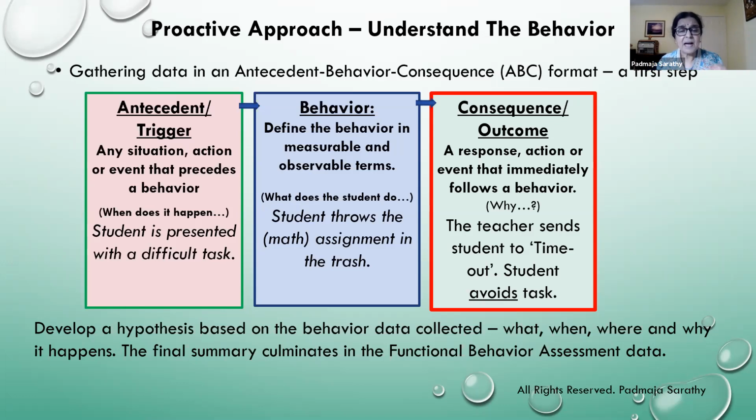And when we develop a hypothesis based on the behavior data that we have collected, what happens, when it happens, where does it happen, and why, the antecedents that precede that behavior. When we collect detailed, comprehensive data, the final summary will culminate in the functional behavior assessment data. So that is one of the first steps.